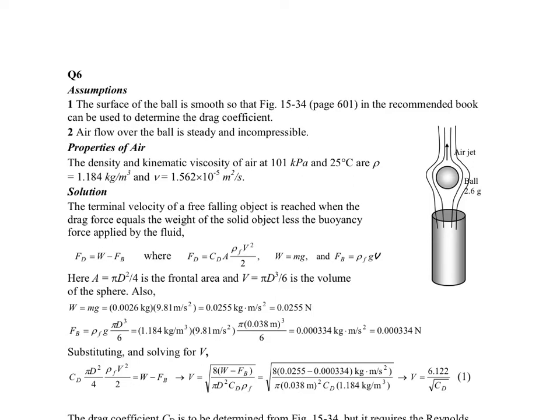First thing we need to do in our solution is know about the properties of the air. In particular, we need to calculate the density and the kinematic viscosity of the air. We get this using the fact that the air pressure is 101 kilopascals, atmospheric pressure, and the temperature is 25 degrees centigrade.